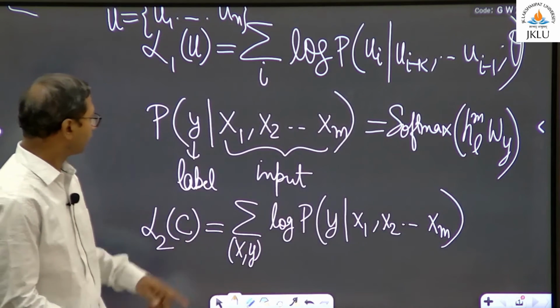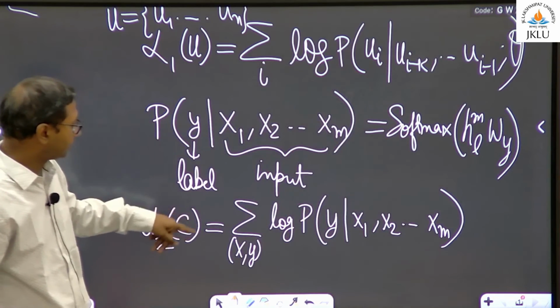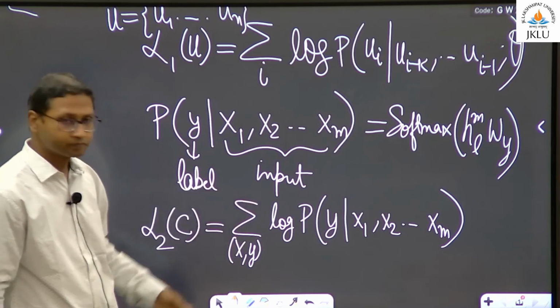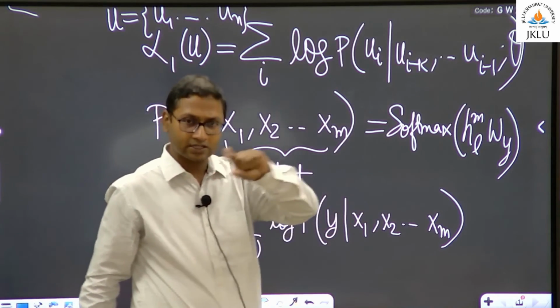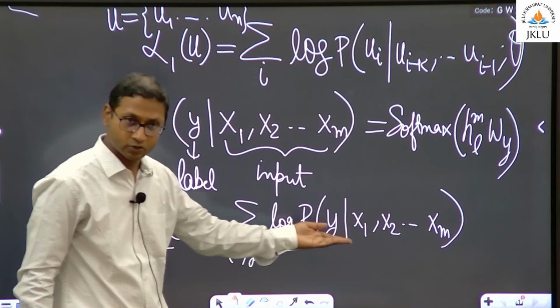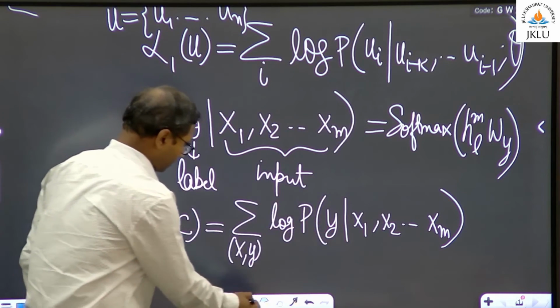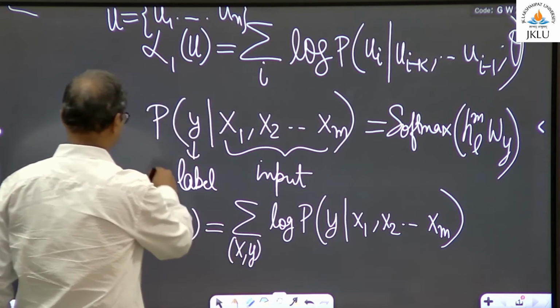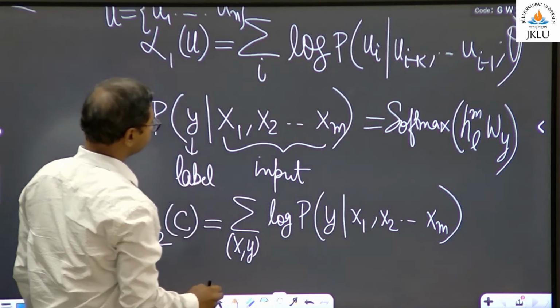All we are saying is this is the same probability you are computing. Since this is also a classification problem, you are simply taking the categorical cross entropy. This is what it is. And I hope this goes up last time.